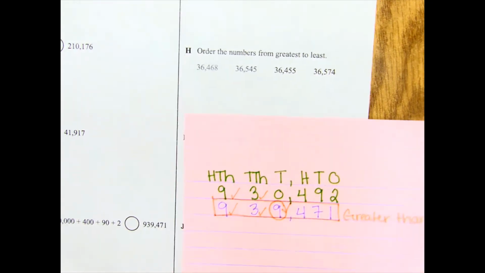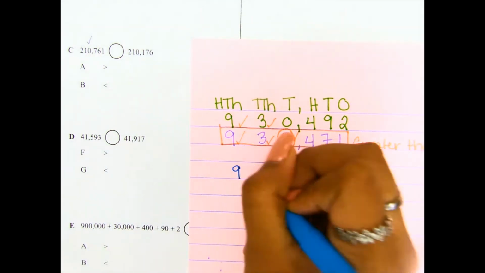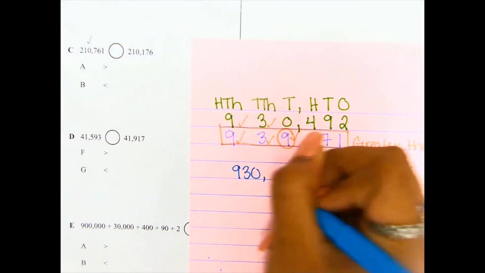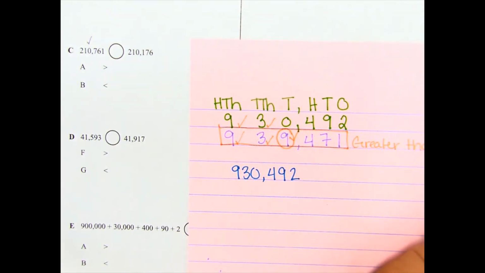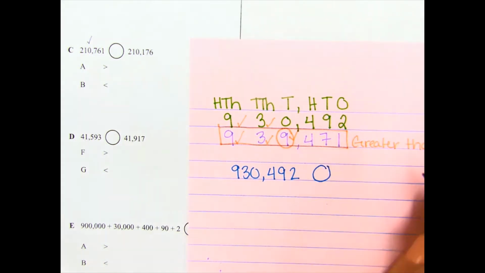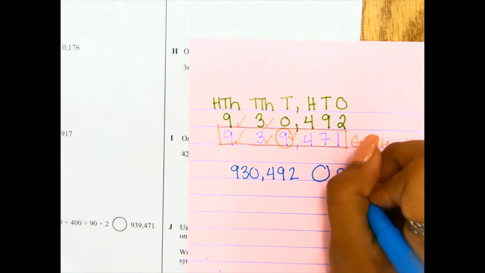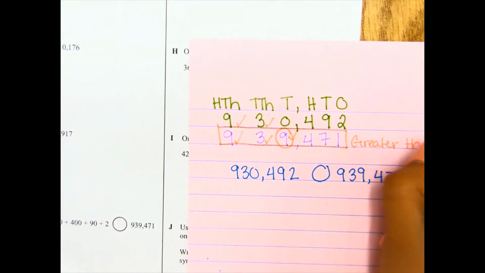Now, I need to compare. I'm going to start off with the number it gave me first, which is 930,492. And then I have a circle. And my next number is 939,471.